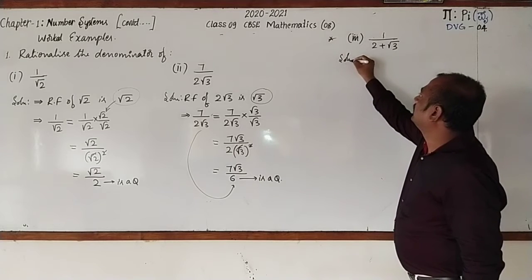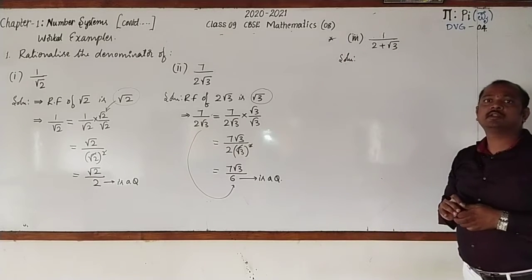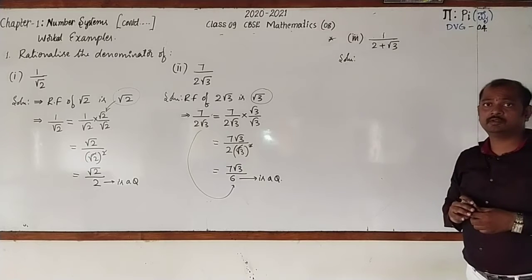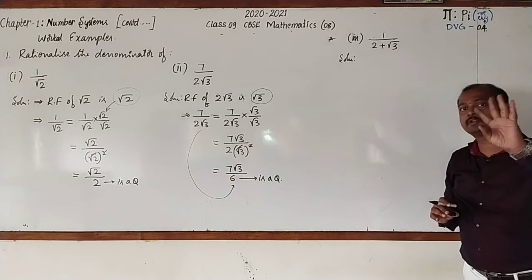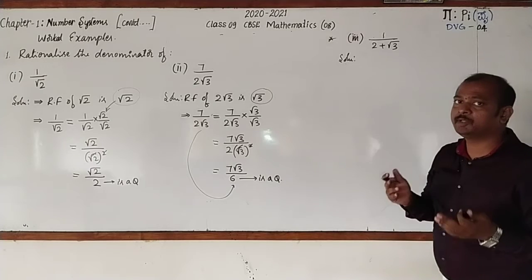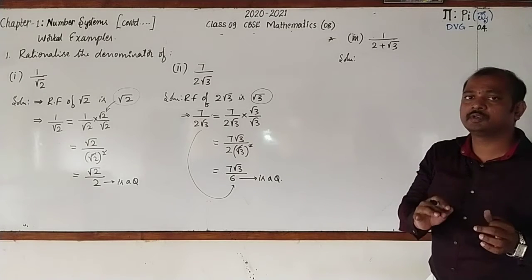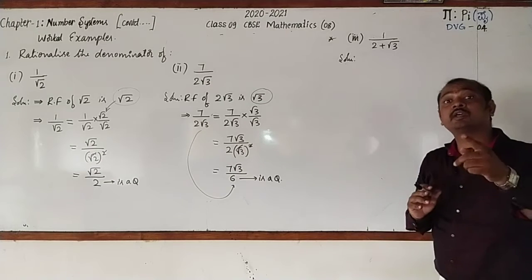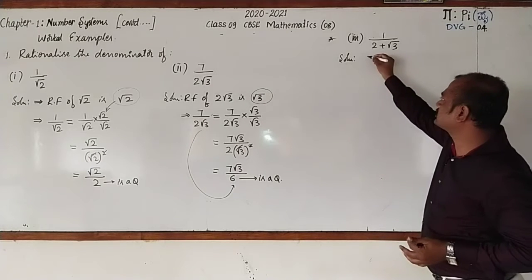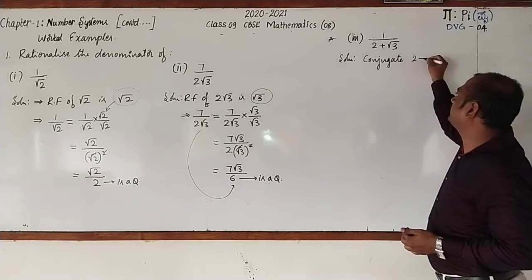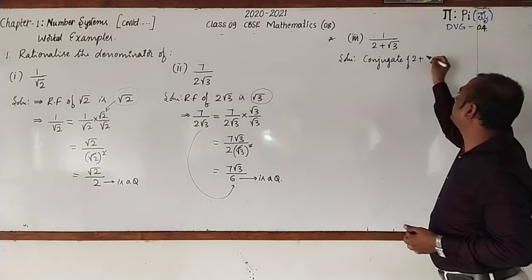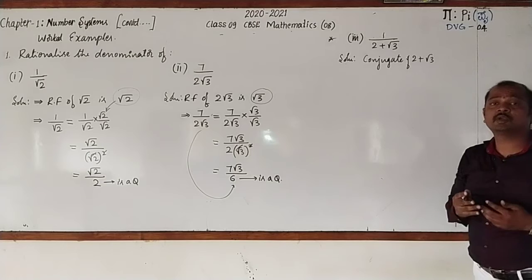Observe. Here, what is in the denominator? 2 plus root 3. Whether it is monomial or binomial? Binomial, because two terms are there. Then you may use either RF, nothing but rationalizing factor, or conjugate. The most suitable word is conjugate. What is the conjugate of 2 plus root 3? Yes? What do you say?